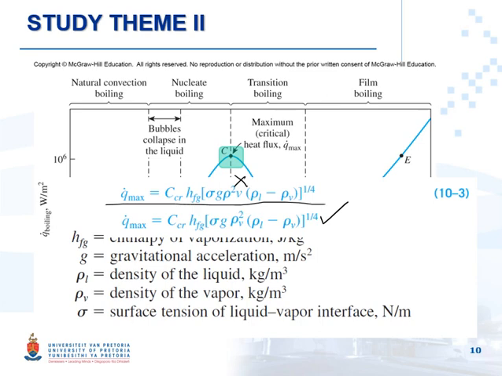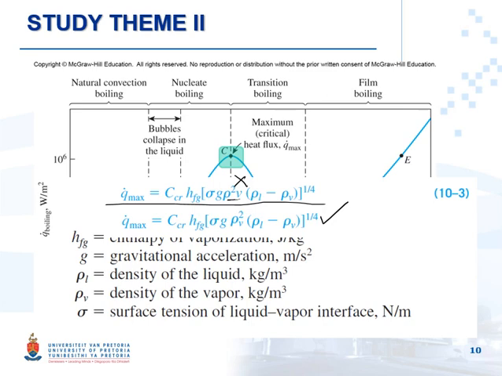I don't know what kind of edition you are using. If you are using edition 3, I think the majority of you will have this typo here. So basically it is the density of vapor to the power of 2. Density of vapor to the power of 2.